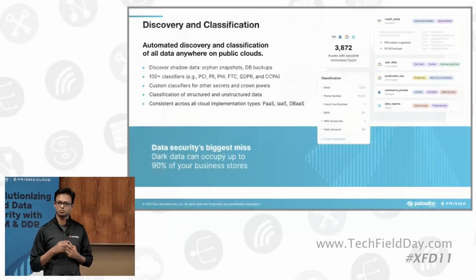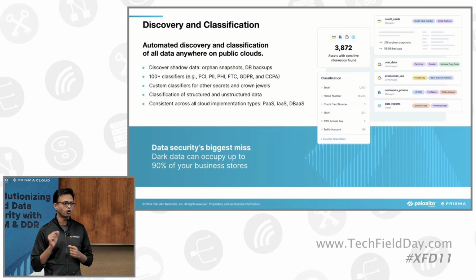So now that we've talked about discovery and classification, this is the hardest challenge to pass in the data security world because of how important it is. A lot of vendors either do manual connectors or move the data out, which is even more problematic.